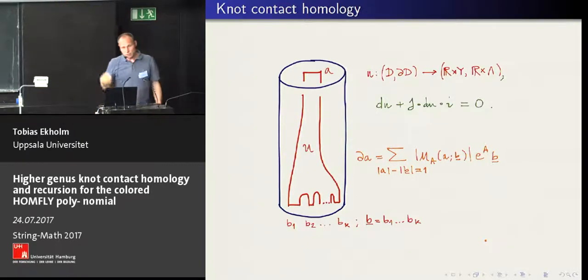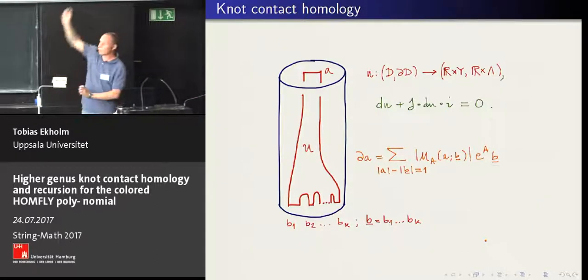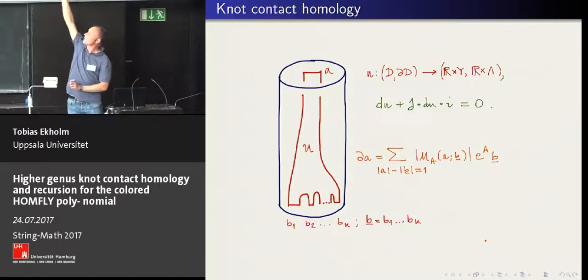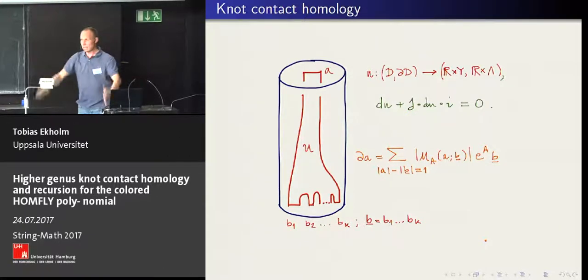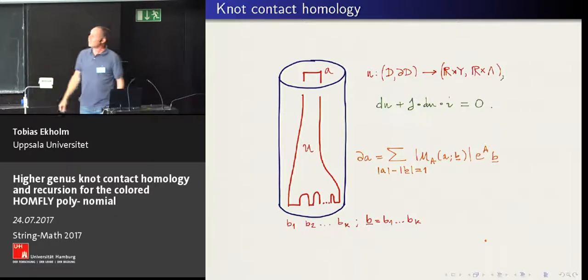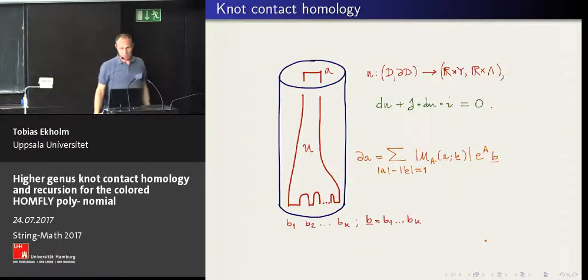And our holomorphic curves are required to be asymptotic at positive infinity to this Reeb chord strip of A, and at negative infinity to the Reeb chord strips of B1 up to BK, and the boundary is sitting on R times lambda K.